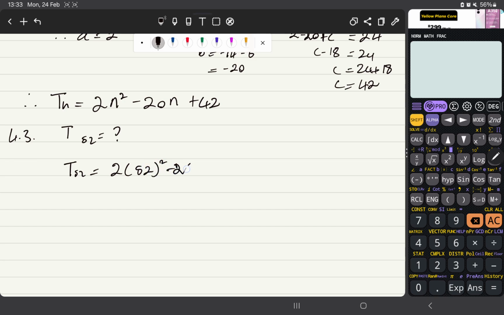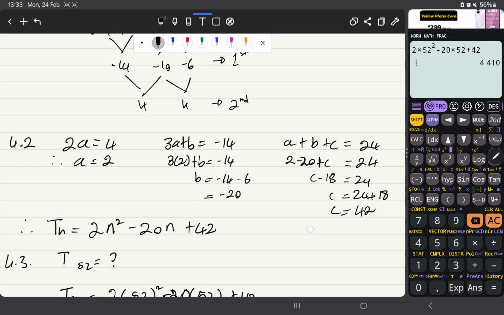So this is going to be 2 times 52 squared minus 20 times 52 plus 42, which is 4410, straight from the calculator.